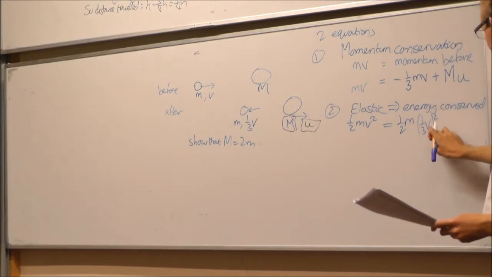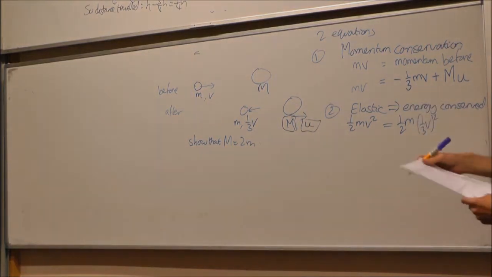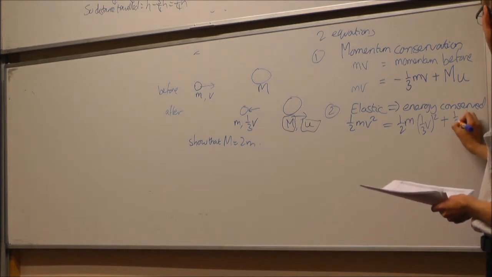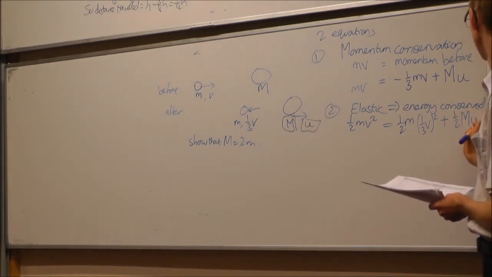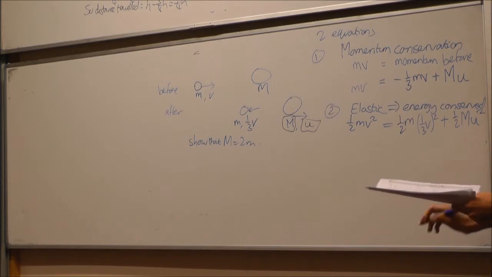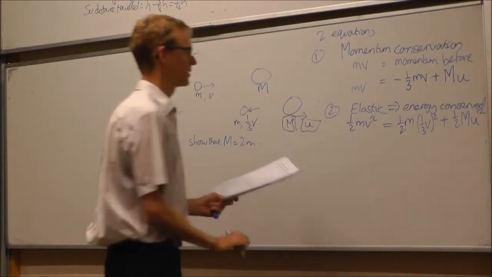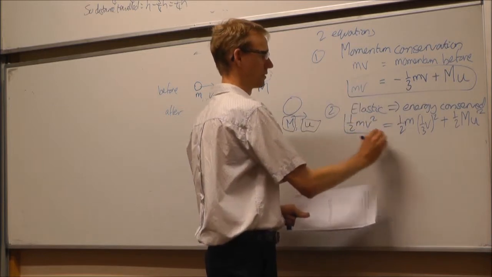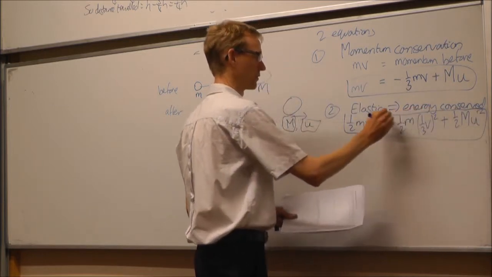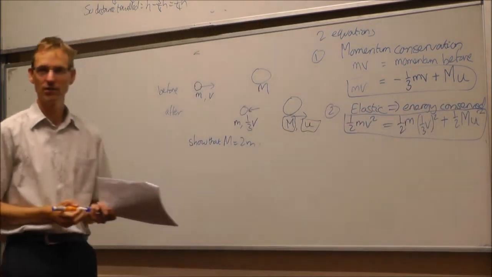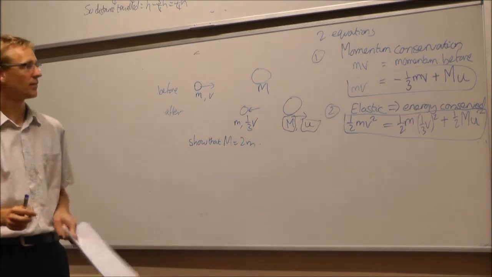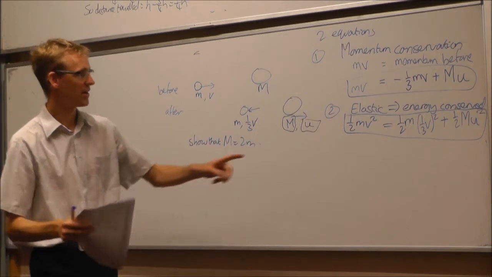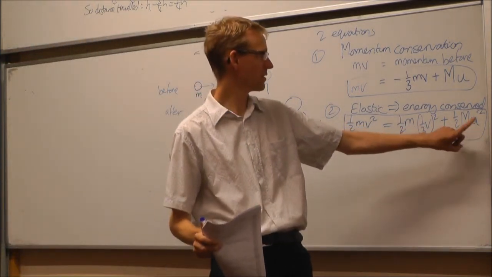You square the v, if it's a minus sign, minus squared is still a positive number, plus half M u squared. So now we've got two equations, two unknowns. Let's solve them. So our unknowns are M and u.